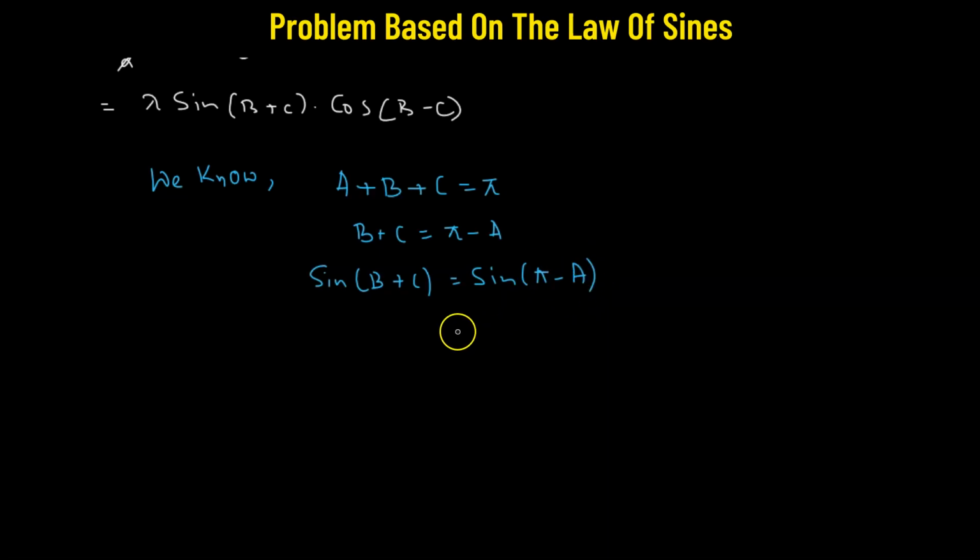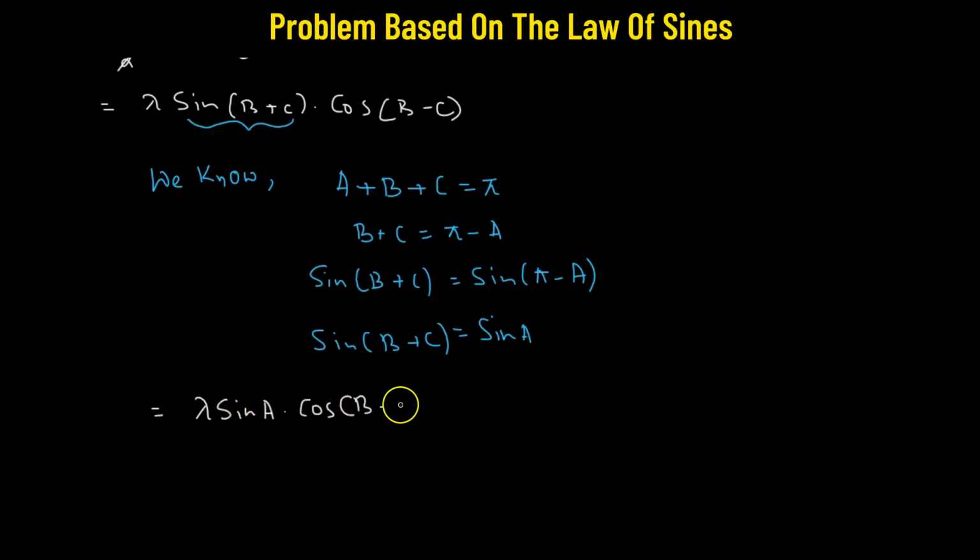Now sine of (pi minus A) gives us sine A. So sine of (B plus C) is also equivalent to sine A. So we can replace sine (B plus C) with sine A, such that we get lambda times sine A multiplied by cosine of (B minus C).